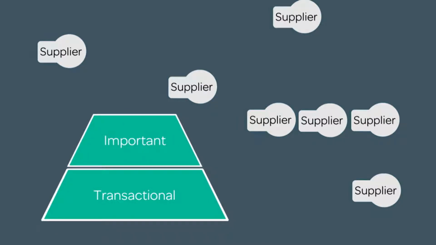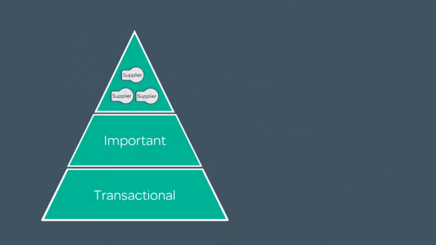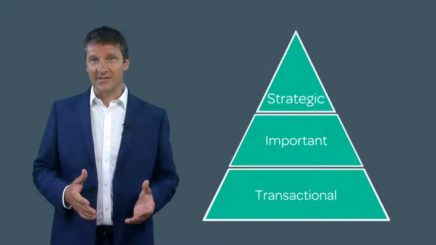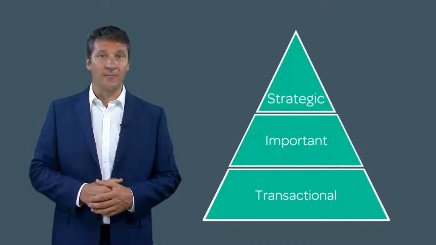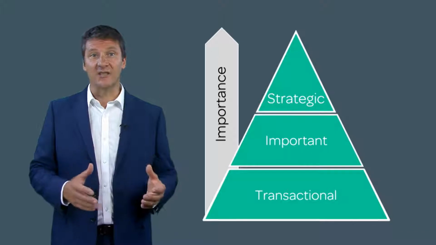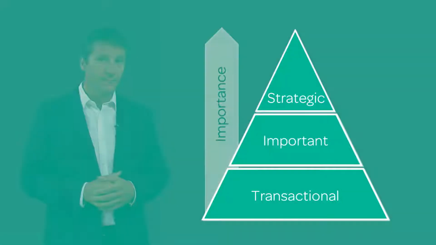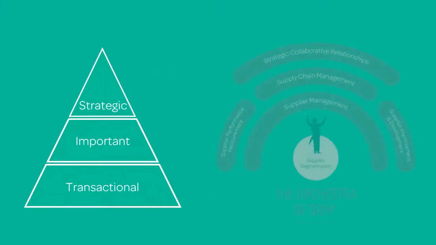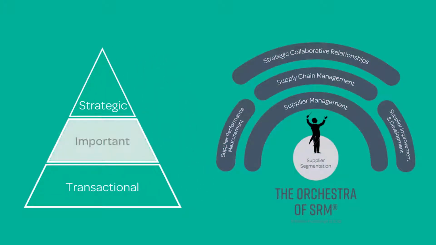Then there are a handful of special suppliers that are of strategic importance to us and can help build competitive advantage or enable us to achieve our business goals. This segmentation of suppliers is usually shown in a triangle like this, with supplier importance increasing towards the top. By combining our segmentation and the Orchestra of SRM, we can begin to select supplier interventions according to supplier importance.